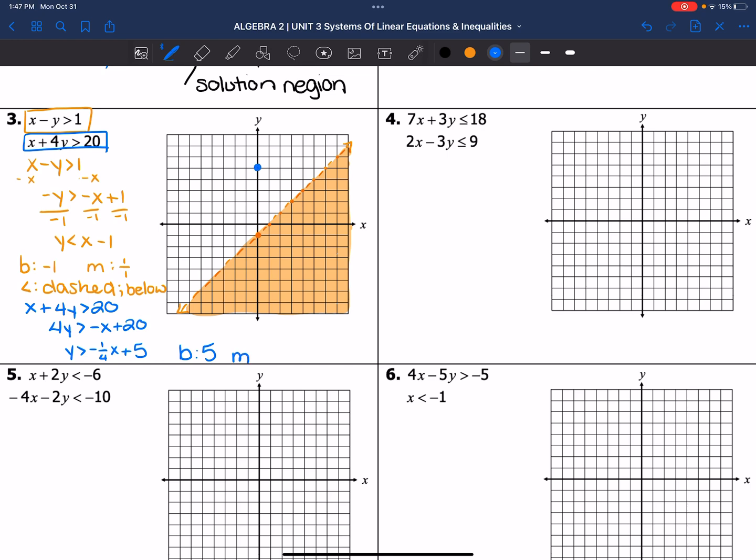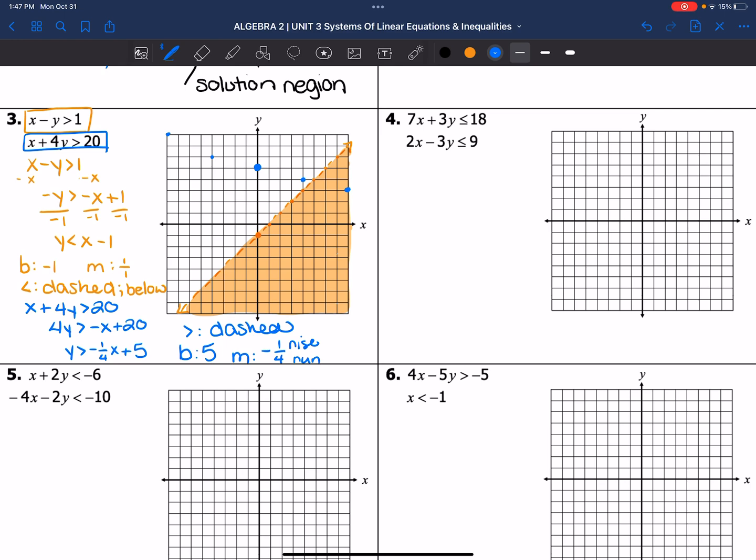And our manner in which we move is going to be a negative 1/4, where the rise is negative 1 and the run is 4. That means that we're going to need to go down 1 over 4, down 1 over 4, or up 1, left 4, up 1, left 4. Our symbol is a greater than symbol, so our line will be dashed.